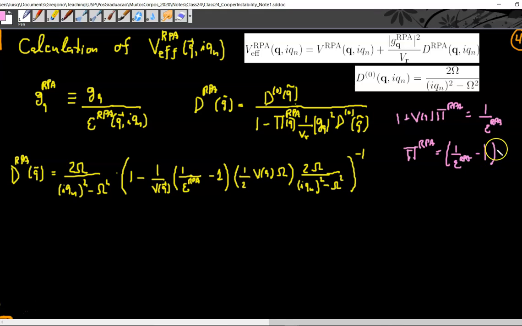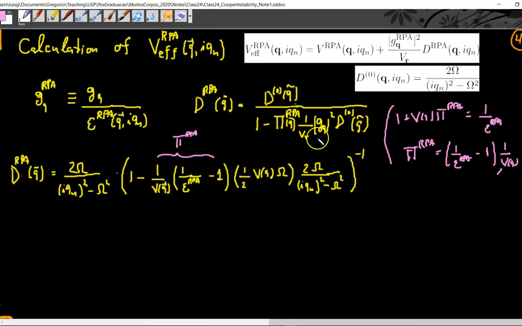Oops, this one is minus 1 over VQ. I'm not sure if this fell off the screen there, but this is 1 over VQ, which is precisely this. So this is pi RPA.